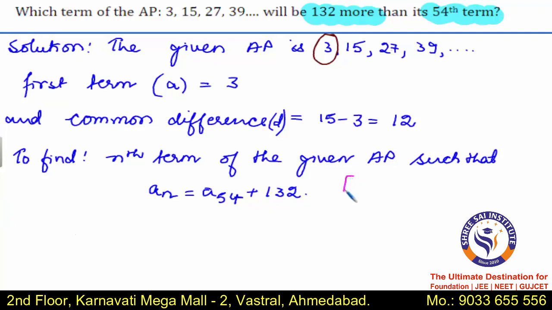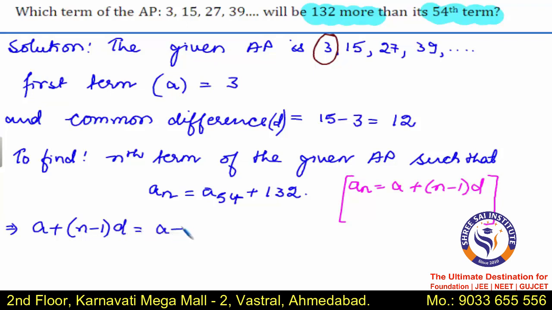Now we know that the nth term of an AP is given by A plus n minus 1 into D, where A is the first term and D is the common difference. Therefore, this can further be written as A plus n minus 1 into D is equal to A plus 54 minus 1 into D plus 132.